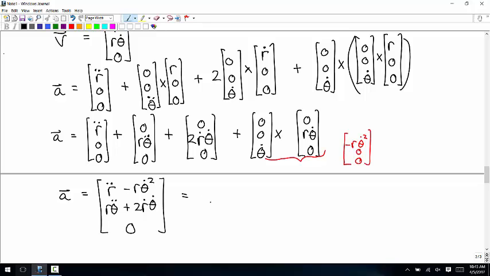So the way it's usually written is r double dot minus r theta dot squared in the e_r direction plus r theta double dot plus 2 r dot theta dot in the e_theta direction.